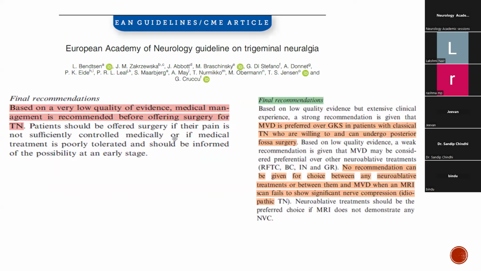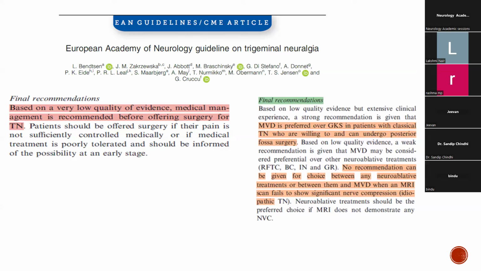The final recommendation by the EAN guideline is based on a very low quality of evidence. Medical management is recommended before offering surgery for trigeminal neuralgia, and patients should be offered surgery if pain is not sufficiently controlled medically or if medical treatment is poorly tolerated. Which surgery should be recommended first?